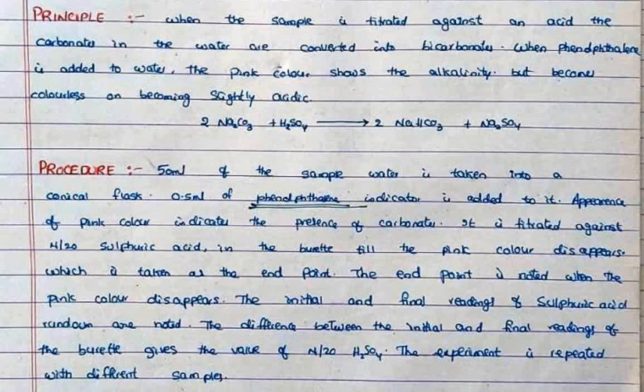The difference between the initial and final readings of the burette gives the value of N/20 sulfuric acid.